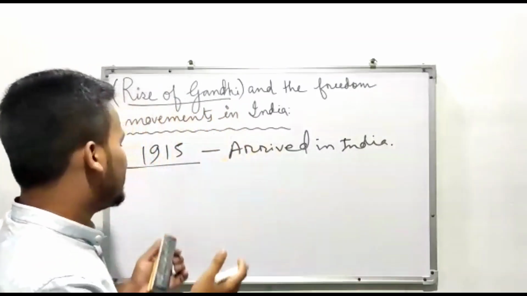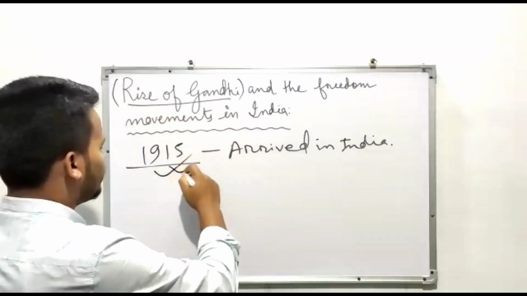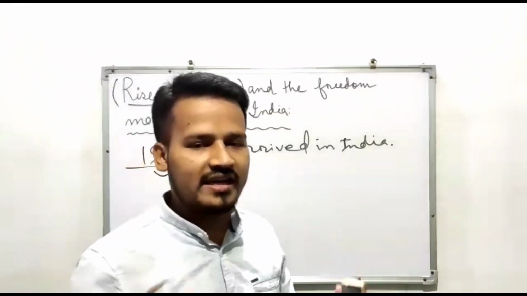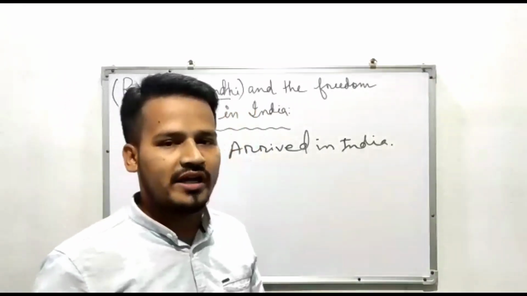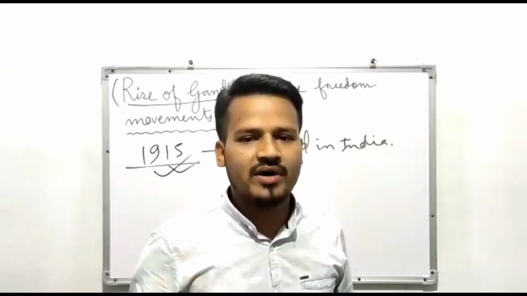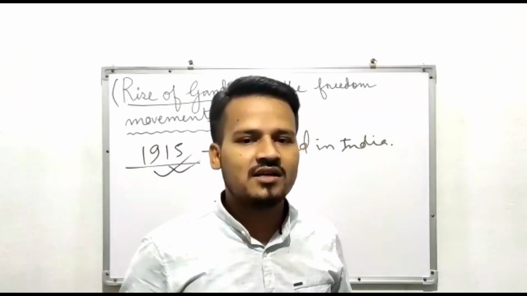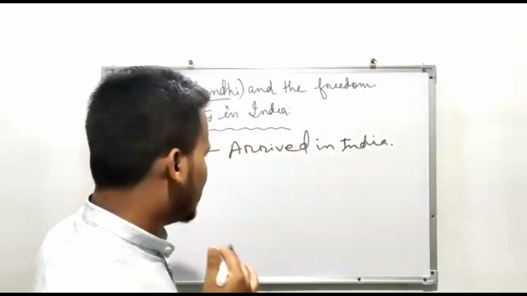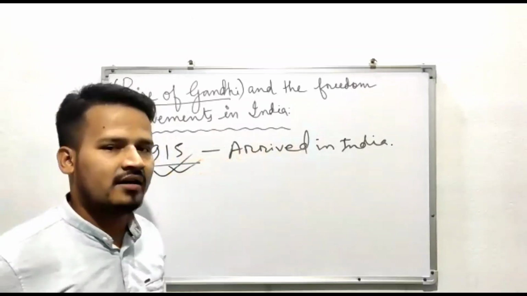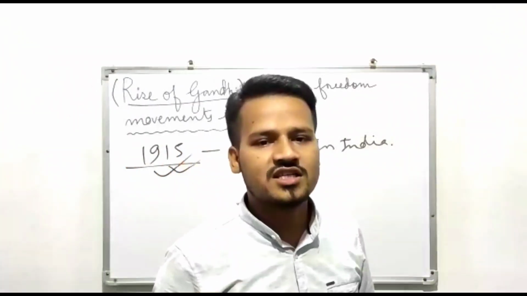From this year he started his political career in India to protect the Indian people from being exploited or oppressed by the mighty British who were ruling in India. After his arrival, he popularized the term Satyagraha.